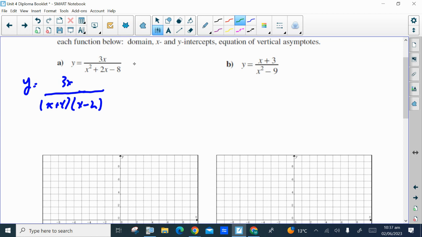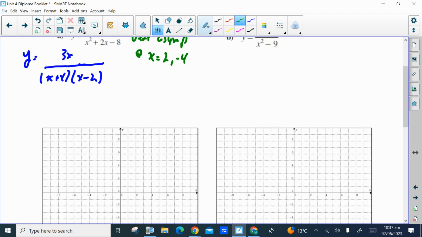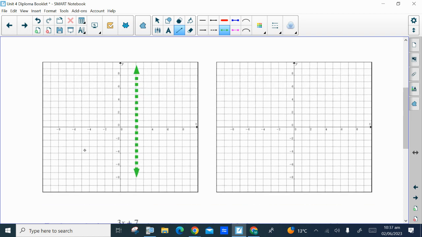So we will have vertical asymptotes at x equals 2 and negative 4. Those are the non-permissible values. So we can put those on in there. Positive 2 and negative 4.